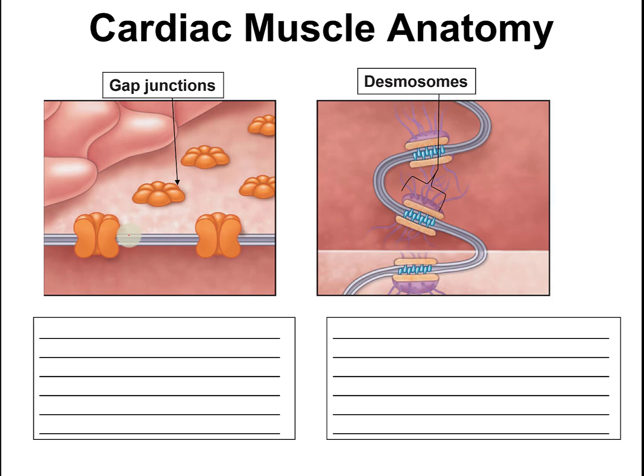In this slide, this is the plasma membrane of one cell, and here's the plasma membrane of another cell, and you'll notice the intercellular space here. But you'll also notice there are these structures connecting the cells. They're kind of like tubes, and these are called connexons.